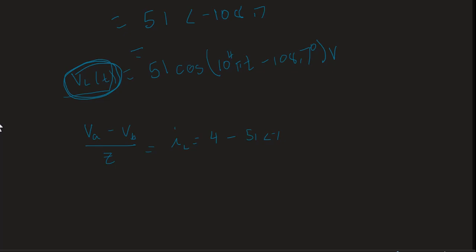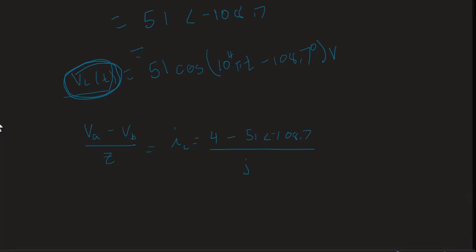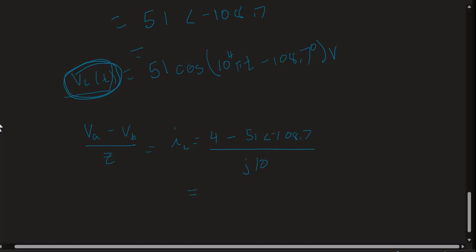The current across the inductor is 4 minus 51 angle negative 108.7 over... Oh, actually, don't we already know it? Because didn't we just find this going the other way? I'm on to part C. Like I said, I haven't worked this in years.